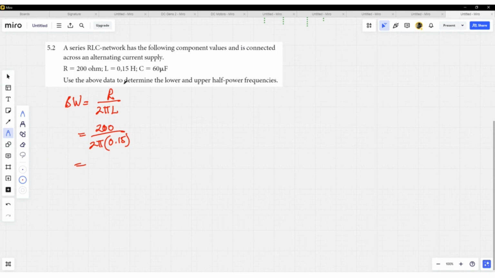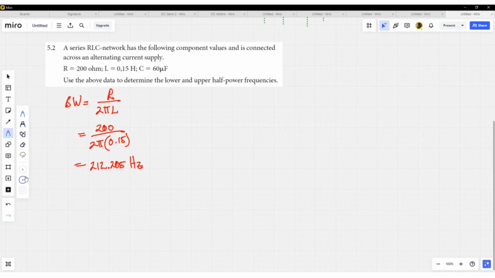That's essentially 100 divided by 0.15 pi. That will give you 212.205 hertz of bandwidth.